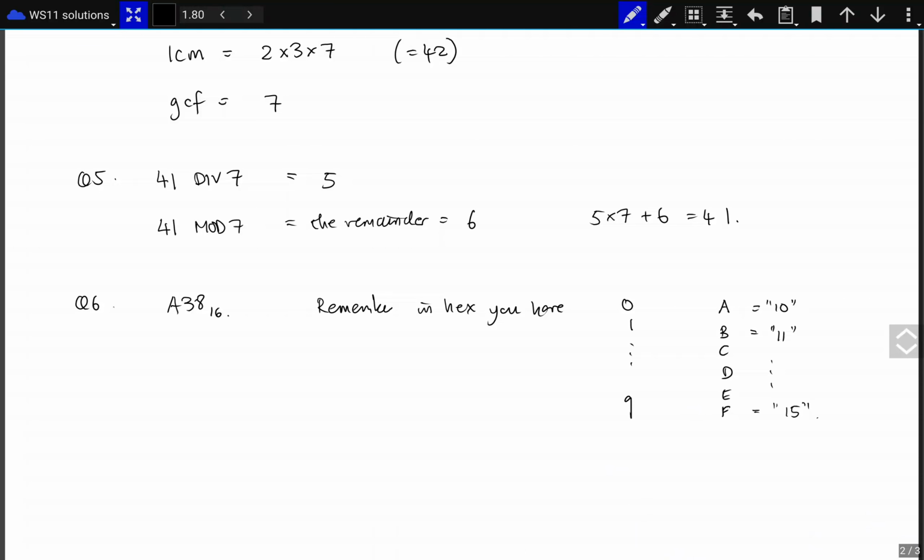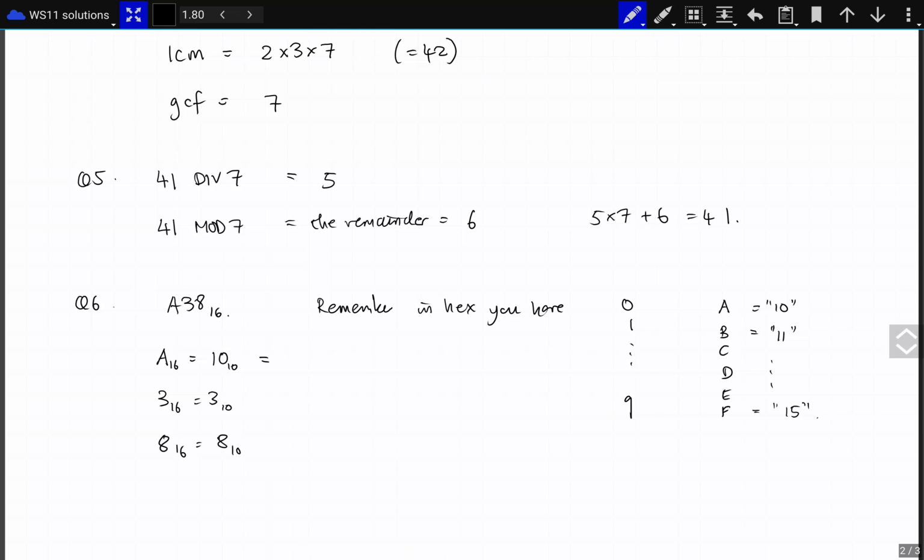And so A38 in base 16 is equal to, well, let's just do the digits first. So A in base 16 is equal to 10 in base 10. 3 in base 16 is 3 in base 10. And 8 in base 16 is also 8 in base 10. But we're going to write these out in base 2.